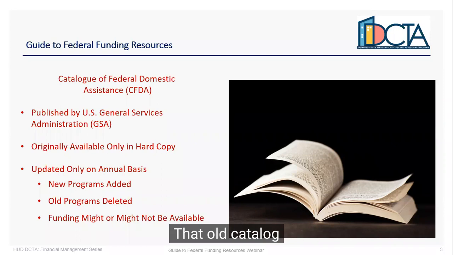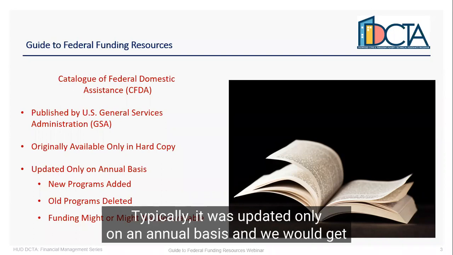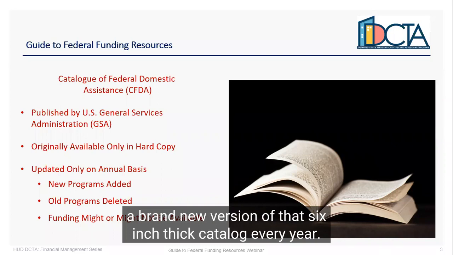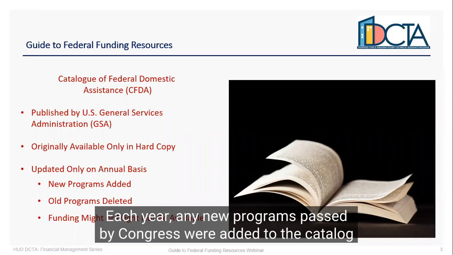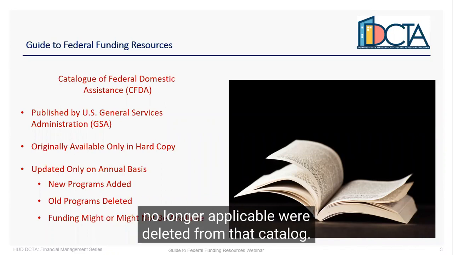That old Catalog of Federal Domestic Assistance was not kept as current as we would like. Typically, it was updated only on an annual basis, and we would get a brand new version of that 6-inch thick catalog every year. Each year, any new programs passed by Congress were added to the catalog. And for the most part, old programs that had expired, that were no longer applicable, were deleted from that catalog.